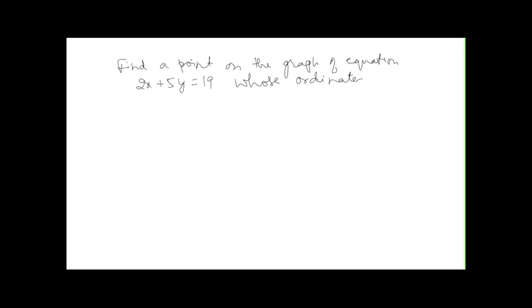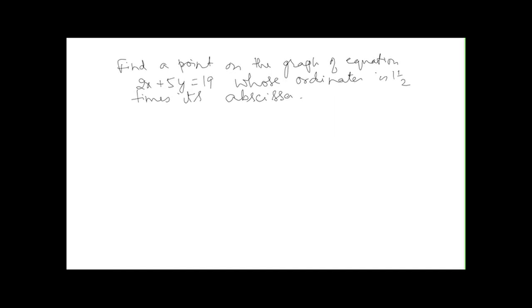Find a point on the graph of the equation 2x plus 5y equal to 19, whose ordinate is 1.5 times its abscissa.